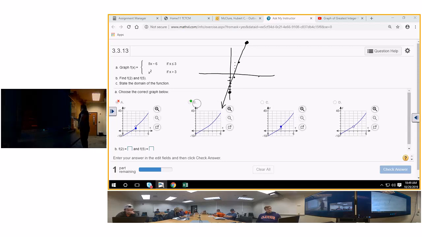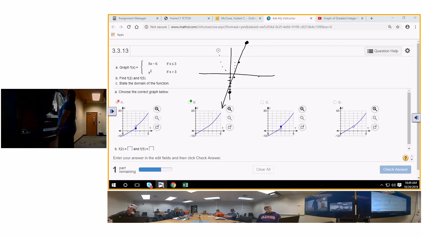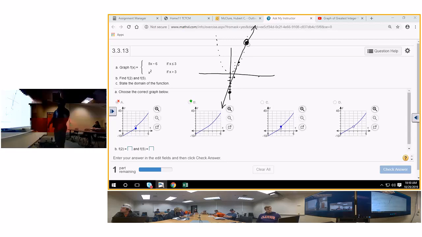And then x squared. Well, what does our x squared function look like? X squared function looks like this. And it says x is greater than 3, so it's probably going to look something like that. And this is an open circle, but the open circle cancels out the what?